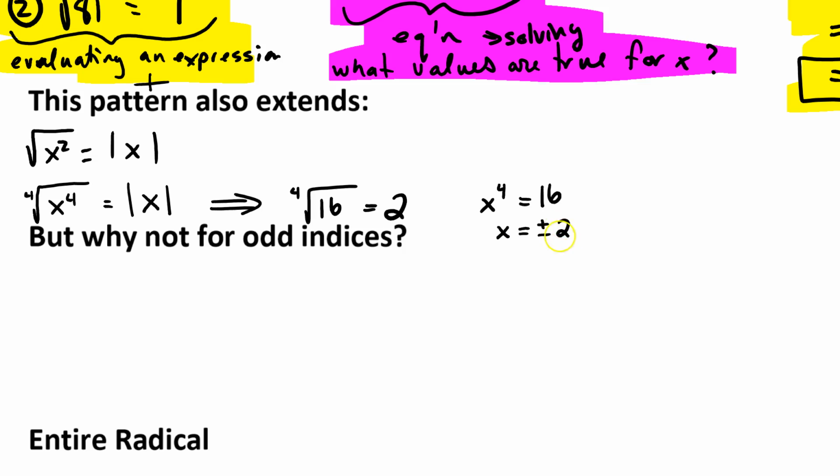Because if I put in 2, I will get 2 to the power 4 is 16. But negative 2, let's substitute in negative 2. Negative 2 times negative 2 times negative 2 times negative 2. 2 times 2 times 2 times 2 is 16. Negative times a negative is positive. Times a negative is negative.